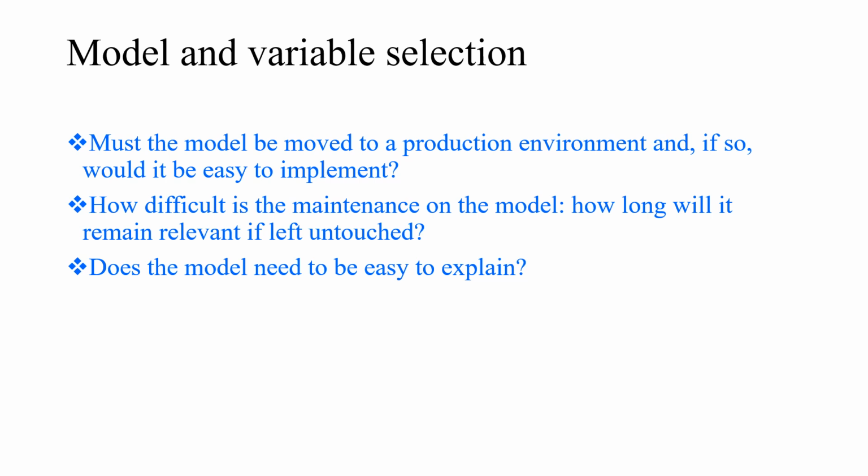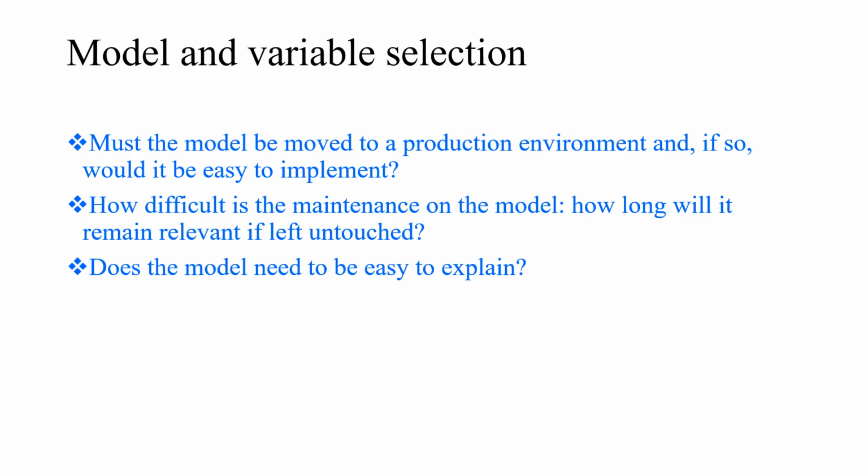For model and variable selection, must the model be moved to a production environment? Once you build the model, it should be applicable for the production environment as well, and we have to check whether it is easy to implement there. If it is not easy to implement, then we should not choose that model.